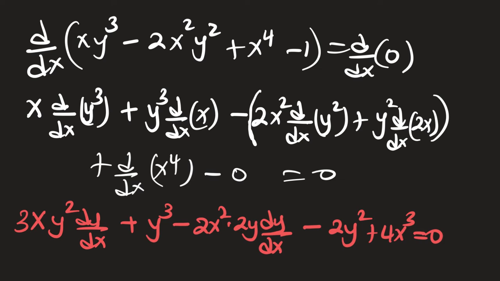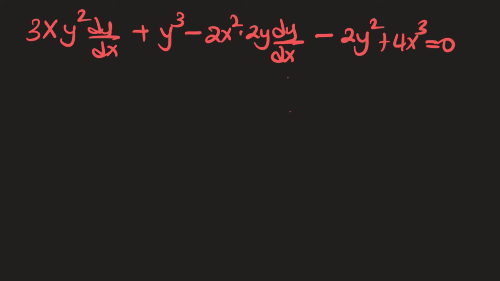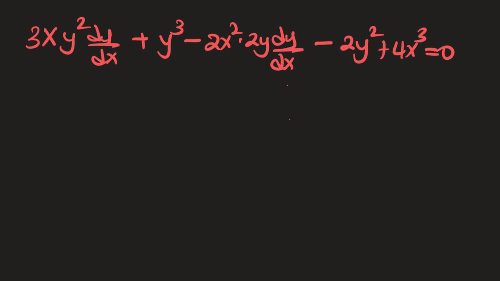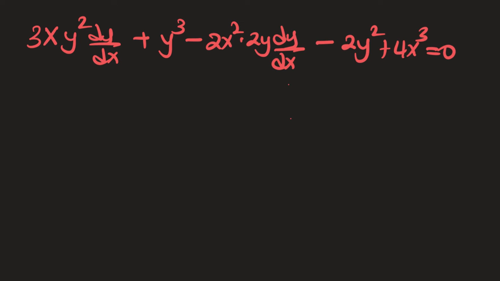The next thing you have to do is to bring the dy dx terms together and throw the rest of the terms to the right hand side. Collecting like terms, you have 3xy squared minus 4x squared y.